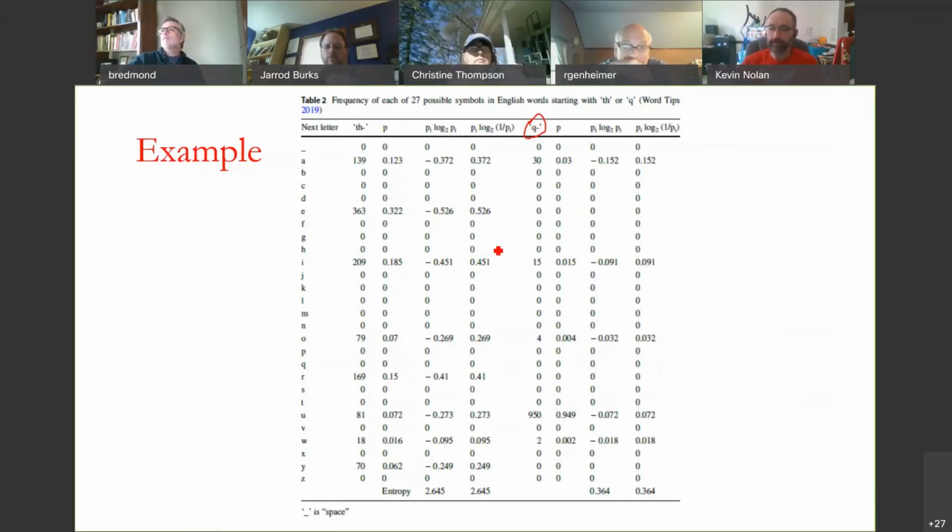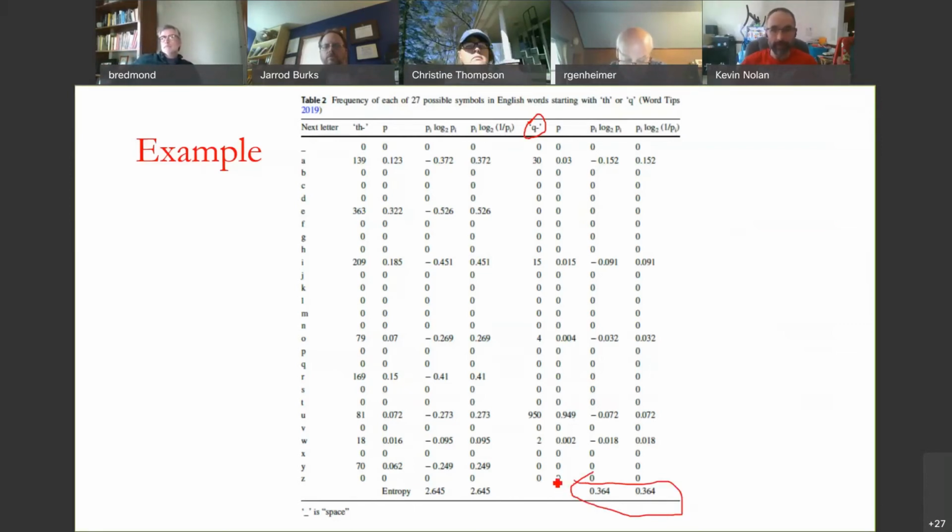Well, it's probably going to be a U. If you had to pay any amount of money to find out that next letter in a word that starts with a Q, I'd be willing to bet most of you would not pay for it. You would skip ahead, because that next letter has a very, very low level of entropy. It carries very, very little information.